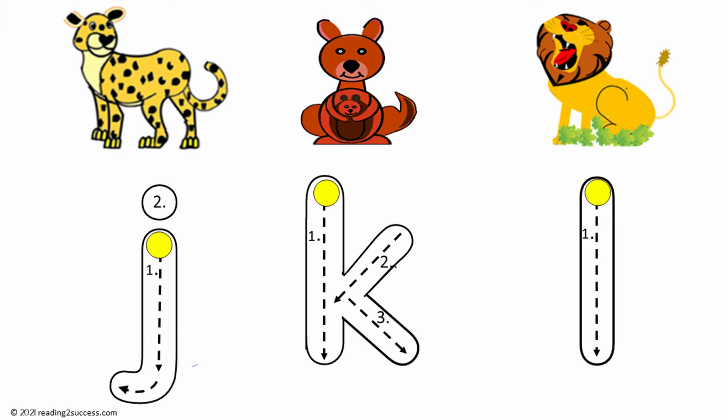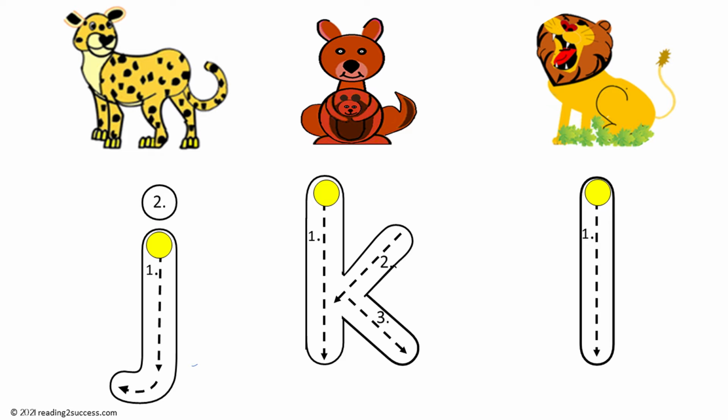The next letter card has the 3 letters J, K, and L. All three letters are consonants. J makes a J sound heard in the beginning of jaguar. K makes the K sound heard in the beginning of kangaroo.